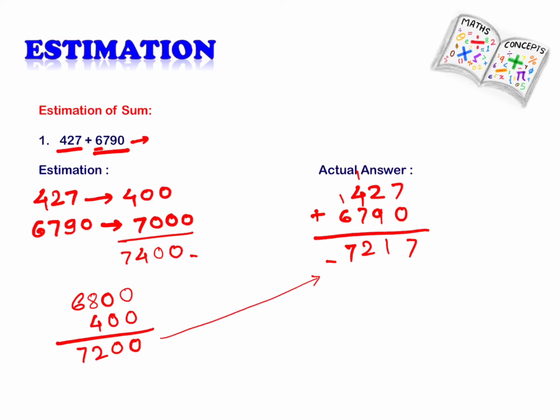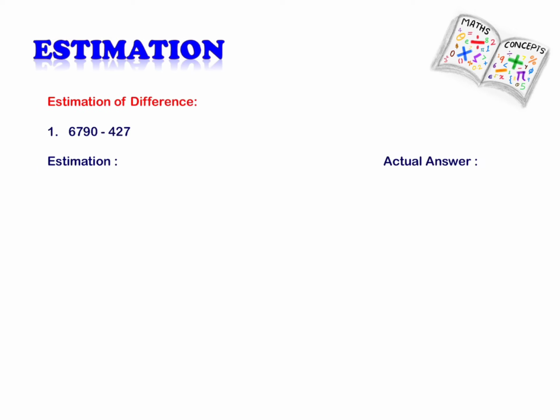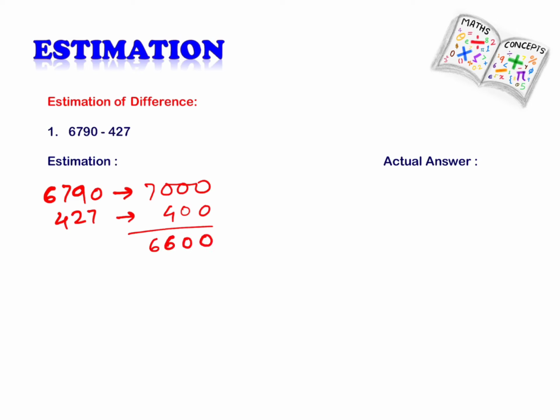Okay, now let's see estimation of difference. Let's use generic rule again. 6790 becomes 7000 and 427 becomes 400. The difference will be 6600. Now the actual answer is 6790 minus 427, 10, 3, this becomes 8, 6, 3 and 6.